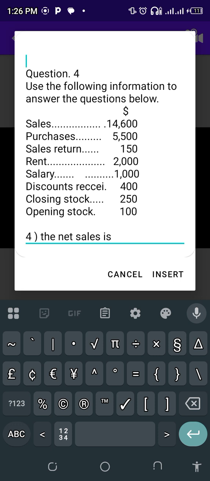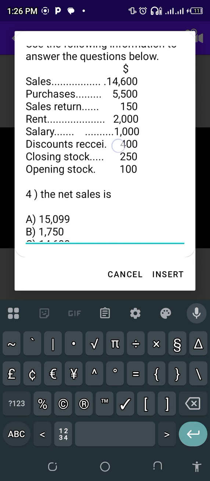The first question says, the net sales is... Now the net sales is sales minus sales return. The figure of sales there is 14,600, and the figure of sales return there is 150. So 14,600 minus 150 will give us 14,450.